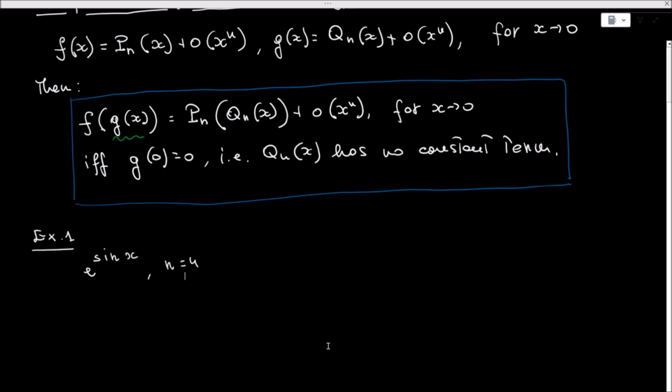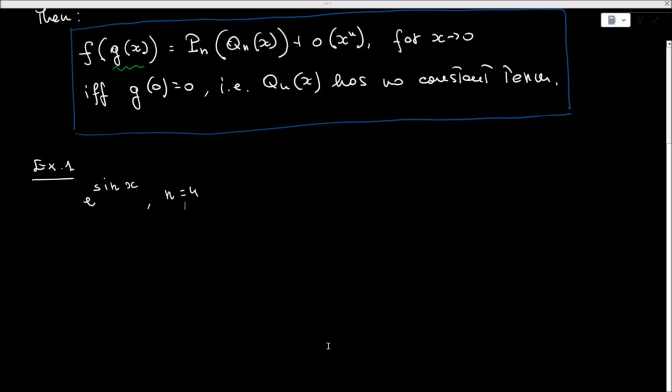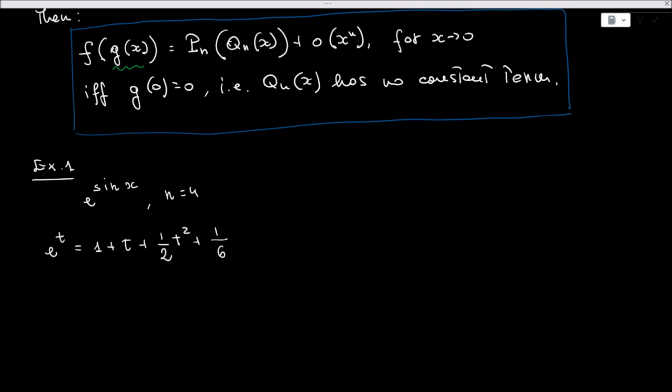Now we need to use the expansion of e raised to the t, which we know is 1 plus t plus 1 divided by 2 t squared plus 1 divided by 6 t to the cube plus 1 divided by 24 t to the fourth plus little o of t to the fourth, right?